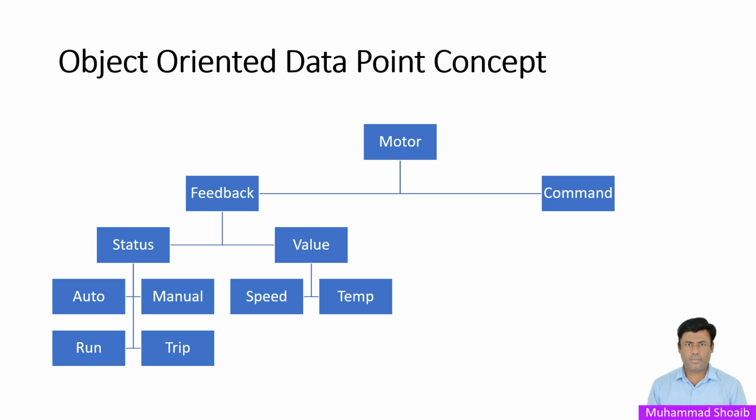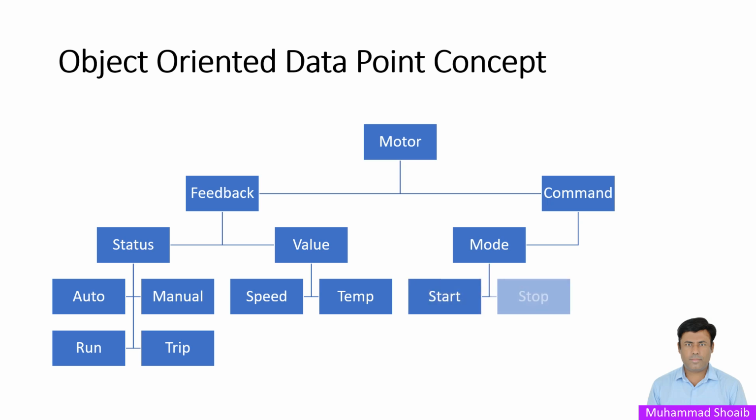We also have some signals related to commands, like digital output commands and analog output set points. For example, we have the start command, which is a digital command, and the stop command, which is also a digital command. We also have some analog set points, like a speed reference set point.